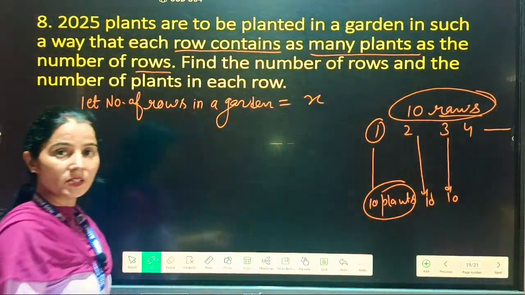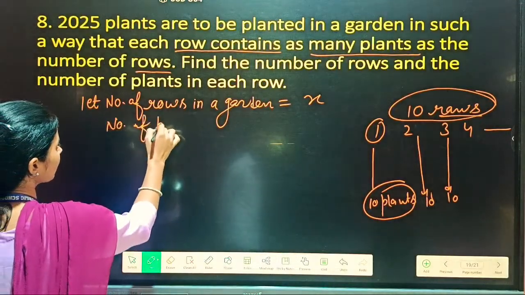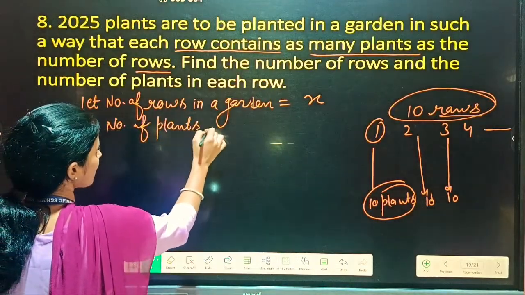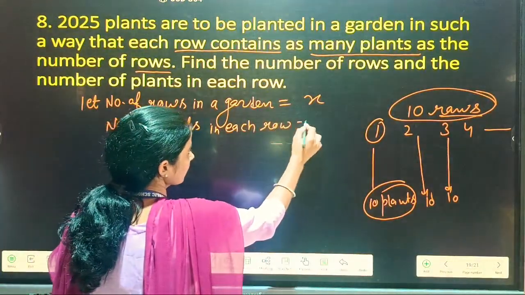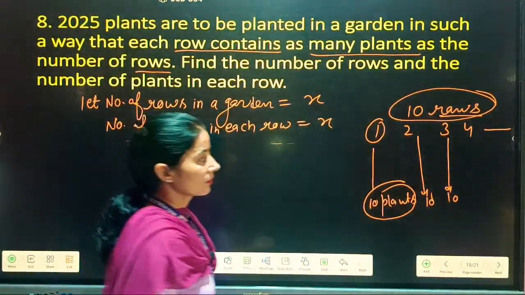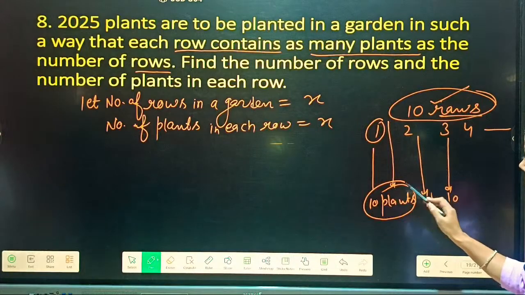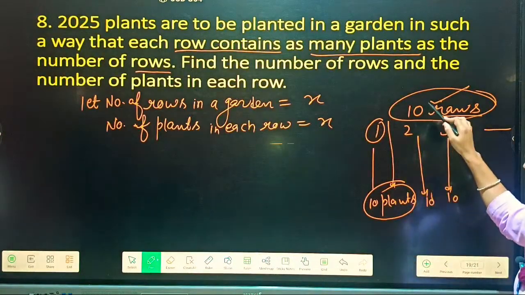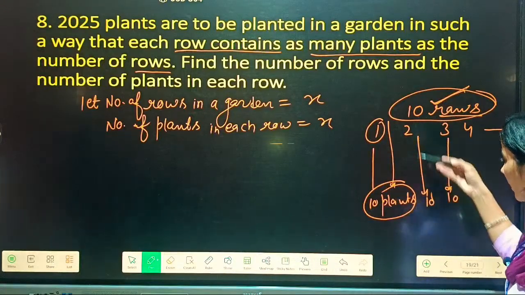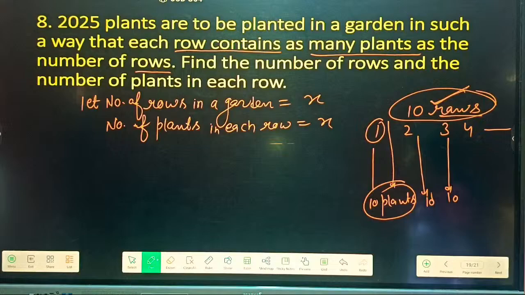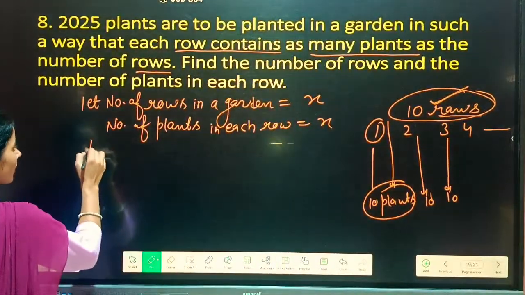The number of plants in each row will be x, because however many rows there are, each row contains that many plants. And suppose this garden contains 10 rows, then each row will contain 10 plants. Okay, so what will be the total number of plants?